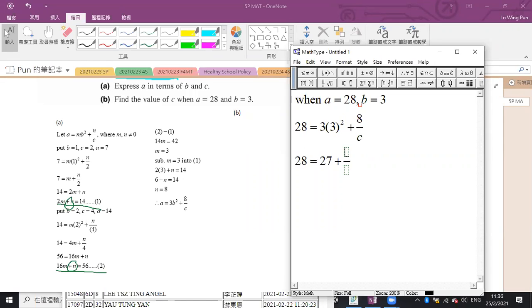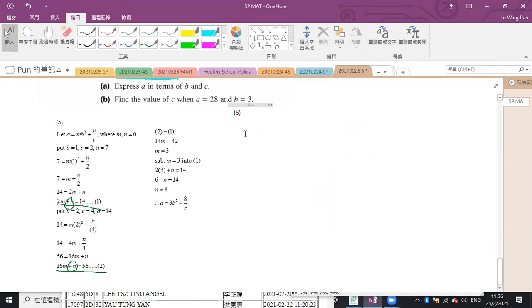It's 27 plus 8 over C. The 27 can be subtracted from the left-hand side. 28 minus 27 is 1, equal to 8 over C. The right-hand side is just one single fraction, so we may multiply C to the left-hand side. 1 times C is C, and what remains on the right is just 8. That is the answer of part B.